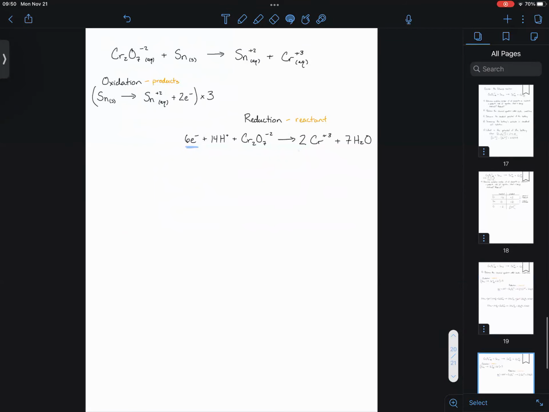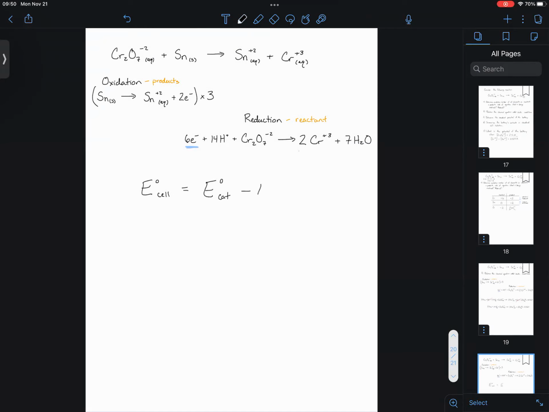Okay. So importantly, I think the one thing that we need to make sure that we understand is that this E naught cell is equal to the difference between the E naught of my cathode minus the E naught of my anode.